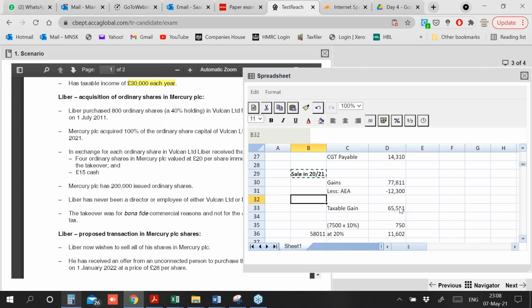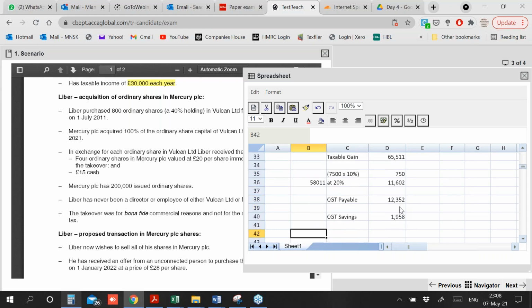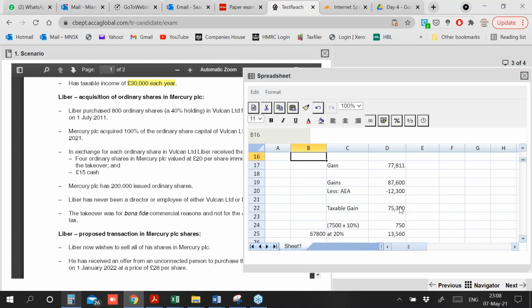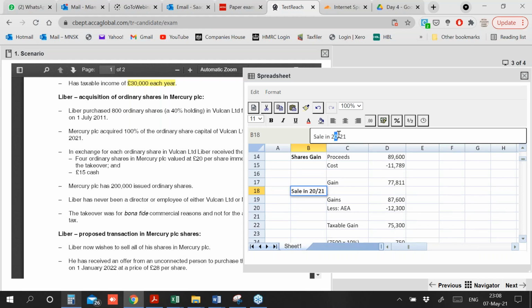You can also copy that and paste it here as well, and change it to 21-22. I'm trying to teach you shortcuts so that in the exam you never complain again that, sir, I was out of time.